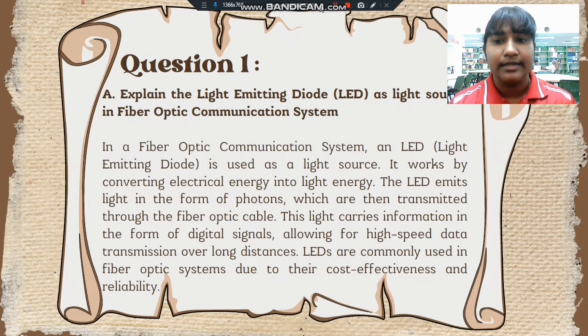The LED emits light in the form of photons, which are then transmitted through the fiber optic cable. This light carries information in the form of digital signals, allowing for high-speed data transmission over long distances. LEDs are commonly used in fiber optic systems due to their cost effectiveness and reliability.